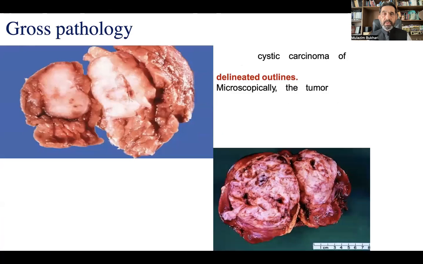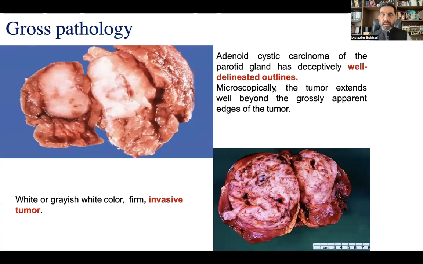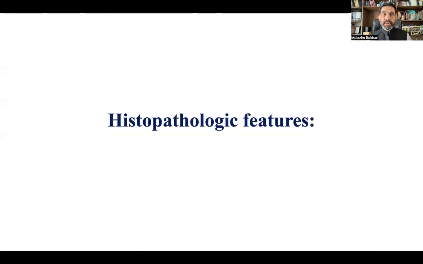This is another gross morphology of adenoid cystic carcinoma, where the picture is well delineated, but you can see hemorrhagic areas, cyst formations, and invasion of the tumor into the surrounding tissue. Areas of hemorrhage are seen.